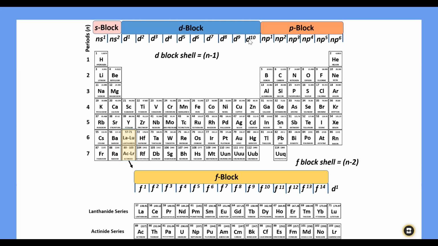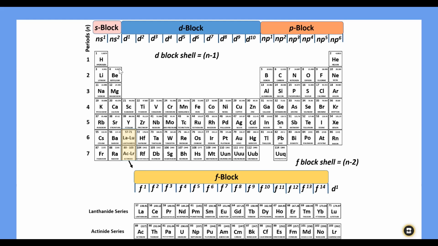If it's nitrogen, it will be 1s2, 2s2, 2p3. If it's oxygen, it will be 1s2, 2s2, 2p4.